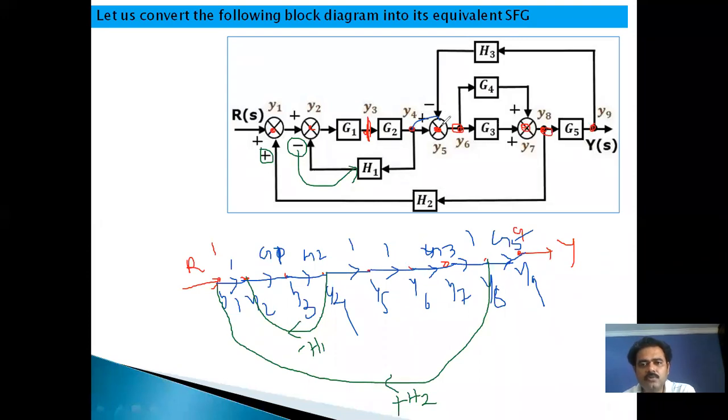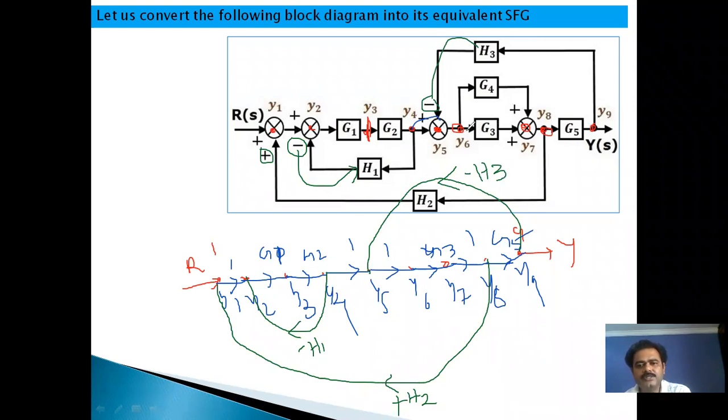Again, one more at y5, that signal is coming from y9. From y9 to y5, the gain value is minus h3. Since it is a negative sign, we multiply with h3, and the direction of the arrow is in this direction, minus h3.